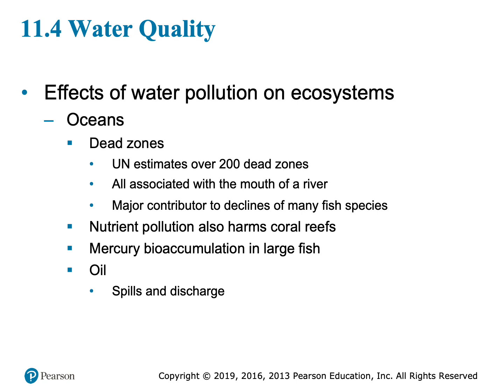It's a major contributor to the decline of many fish species. Nutrient pollution in the ocean can also harm coral reefs, and mercury bioaccumulation can occur in large fish. And then we talk about oil, where spills and discharge from oil fields can also damage the ocean.